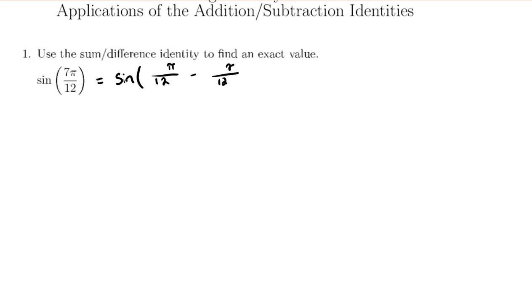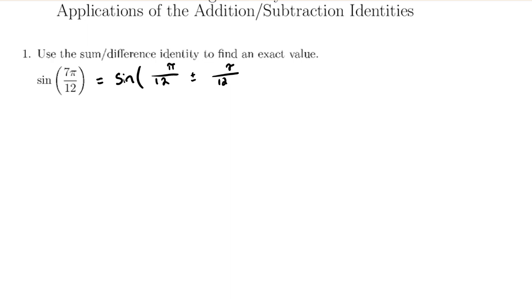These are not necessarily simplified, but it'll allow us to start thinking. And typically our nice values on the unit circle have denominators of 6, 4, 3, 2, or 1.